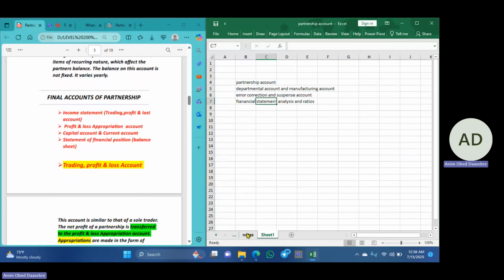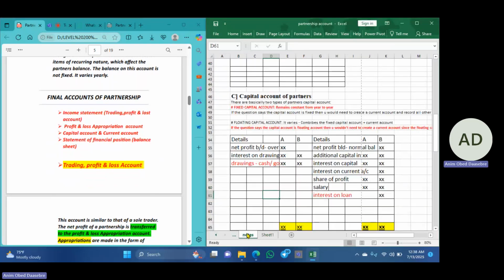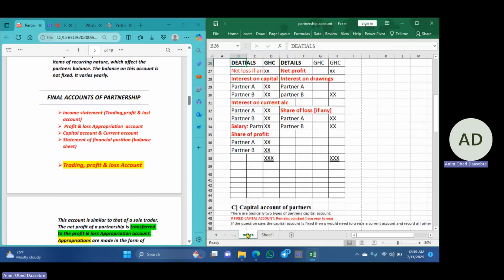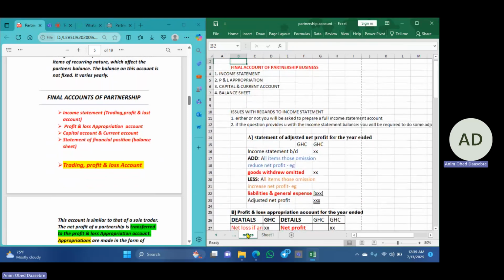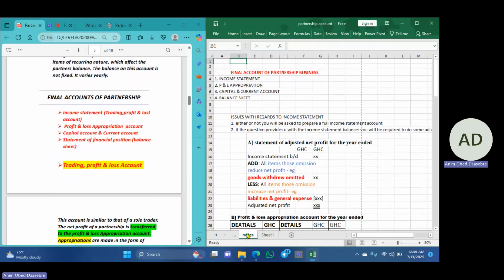So we are going to start the discussion by looking at the income statement. Guys, in your exams, there are things you need to look out for when you have a question on partnership accounts.